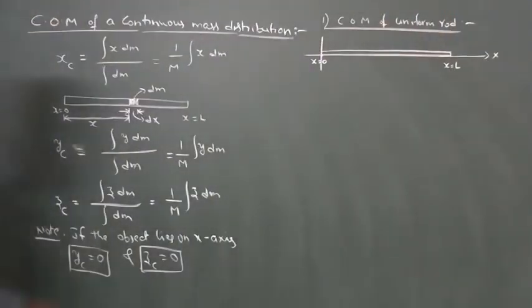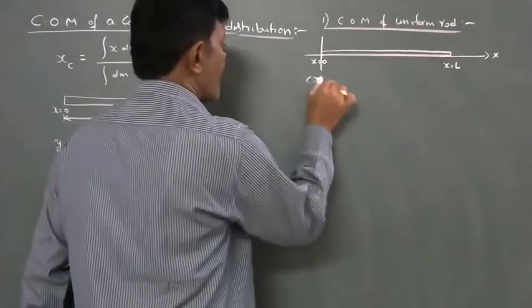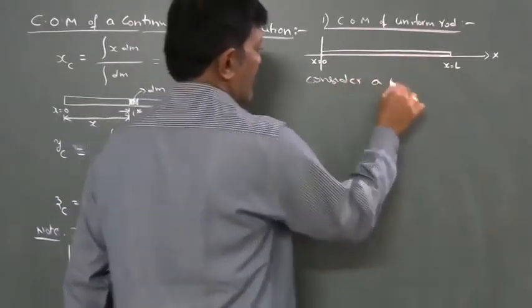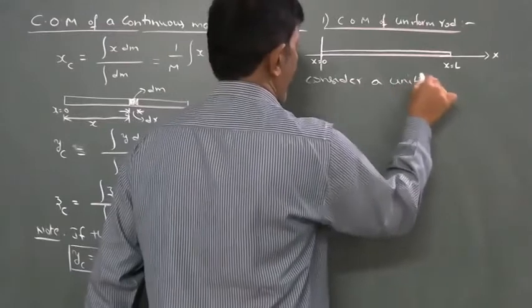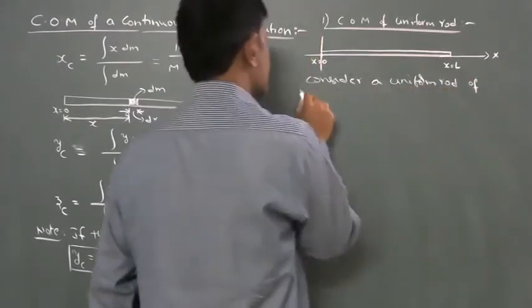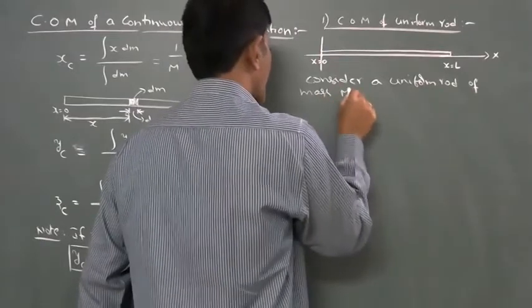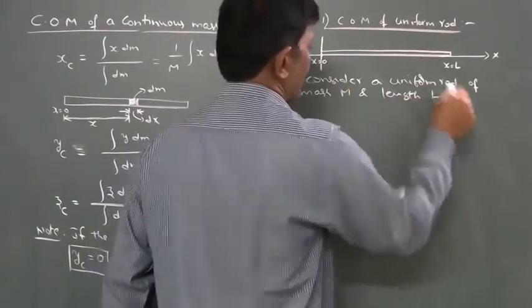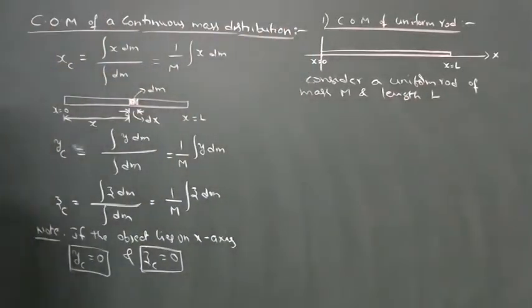So consider a uniform rod of mass capital M and length capital L. Now consider an element of mass dm.